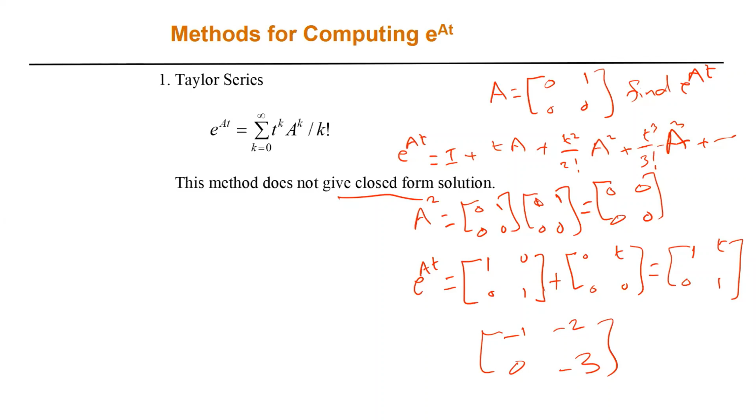Unless it's a special case, like sine or cosine, where you have alternating terms and can figure out what the series looks like. But generally speaking, we don't use this method unless A is a nilpotent matrix, a matrix where A to the n equals 0. So what do we use?